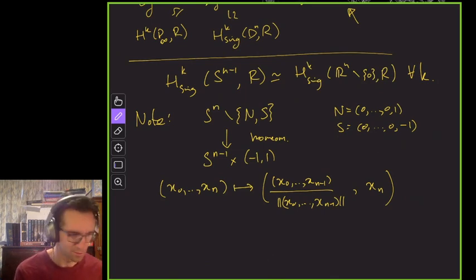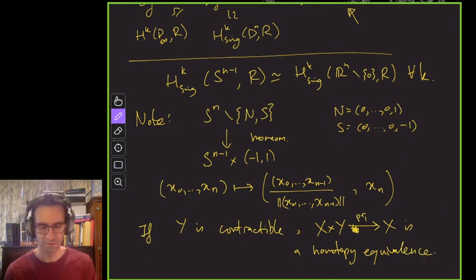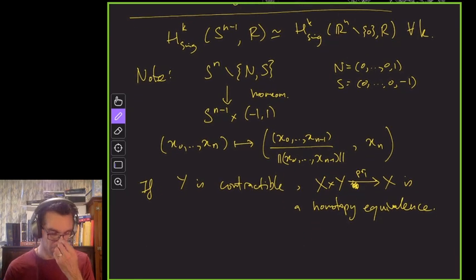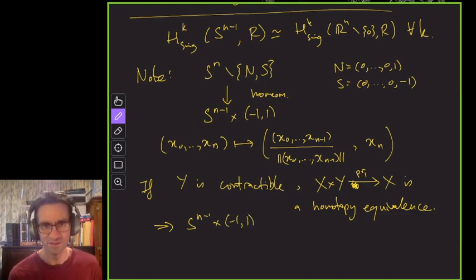And here's another fact: if Y is contractible by some homotopy, then X times Y, let's say the projection map onto X, is a homotopy equivalence. Nice little exercise to see why that's so. And so in particular, this open unit interval is contractible because you can just shrink it down to a point continuously.